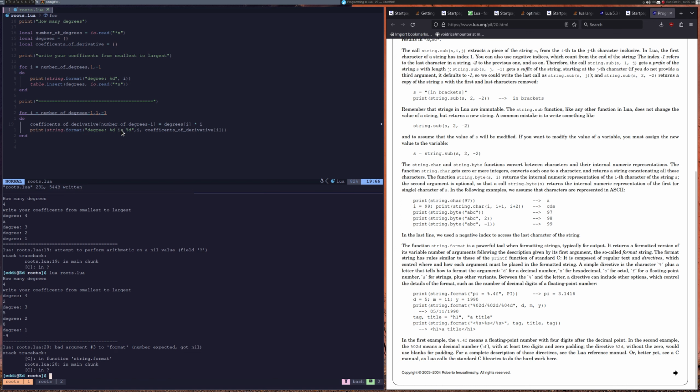What did it say, from smallest to largest? Array coefficients from largest to smallest.